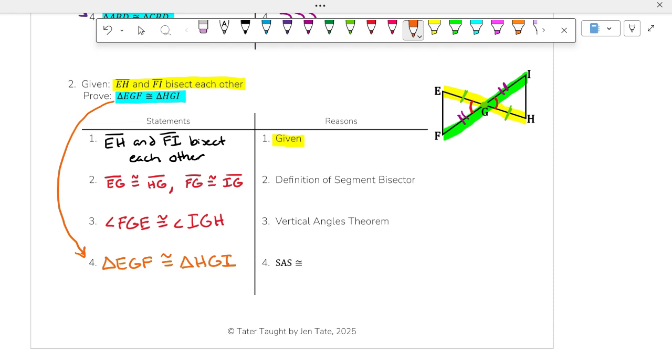But we actually have to list all of our evidence that leads to the fact that they are congruent. So now, there's never one true way to do a proof. Sometimes you can do them in different ways, but it's all based off of what they give you initially and what they want you to prove.